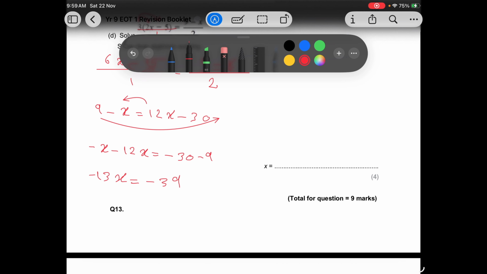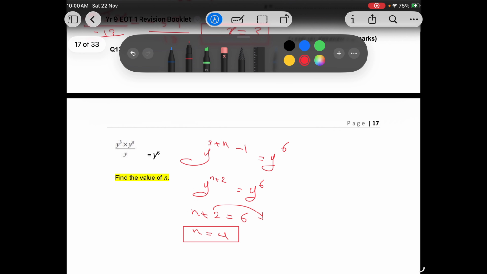You can now divide by minus 13 both sides just to have x alone. Then x will be 3, because 39 over 13 is 3, and minus with minus is plus, so this is the answer. Okay, next.